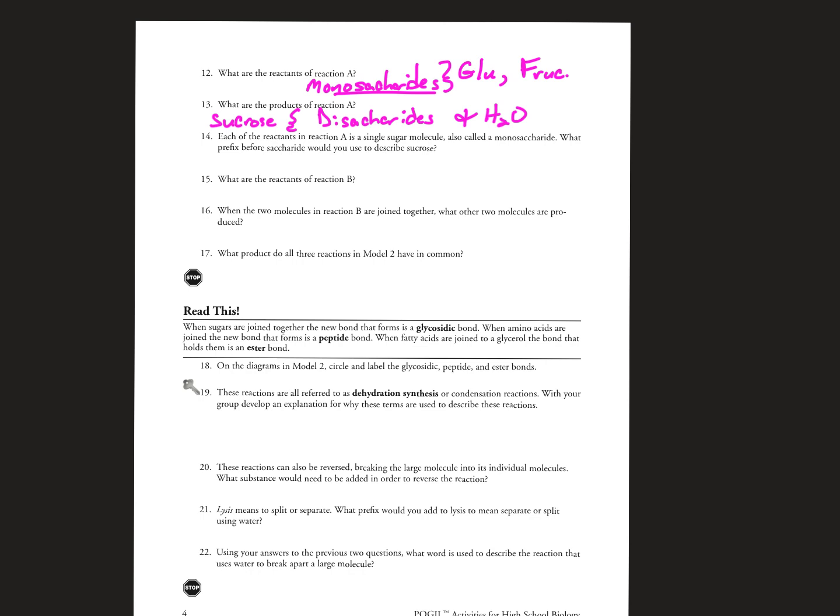What prefix before saccharide would you use to describe sucrose? Well, we already said it, and they told you already. It's di, which means 2.